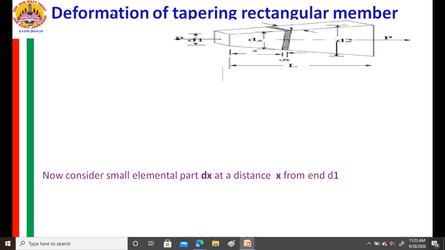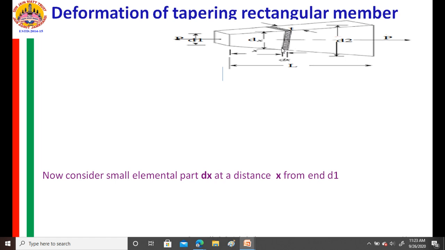Now I want the area of this small elemental part. Area means what is the depth here and what is the thickness here. So I am in need of what is the depth here. What I am assuming is, for this part, the depth is constant.